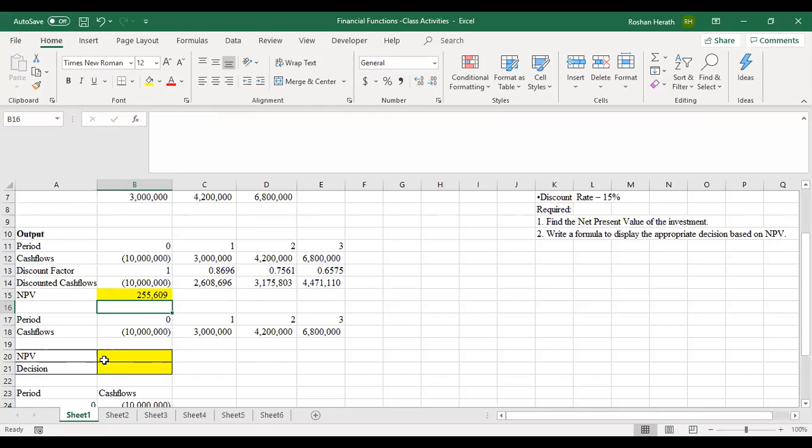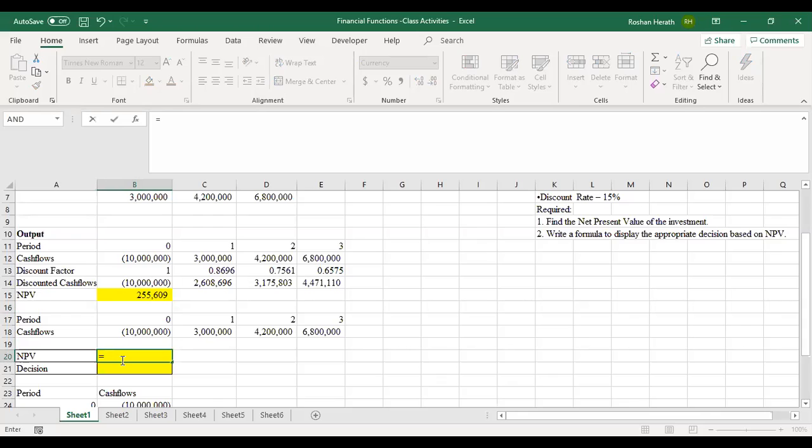When you do that using the NPV function, it was quite a comfortable exercise. All you have to do is identify the cash flows and the applicable discount rate, and with the help of NPV you could compute that.